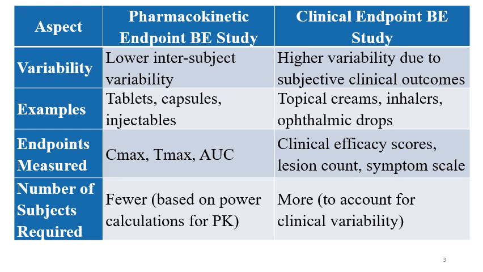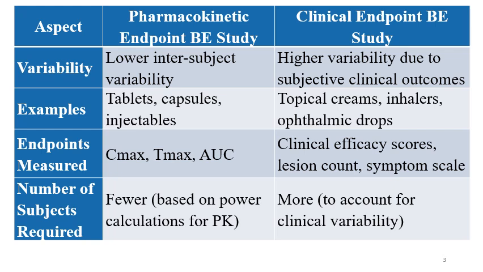Clinical endpoint studies are for topical creams, inhalers, ophthalmic drops. Endpoint measurement in the PK study is Cmax, Tmax, AUC. In clinical studies, the endpoint will be clinical efficacy scores, lesion count, symptom scale, and some other parameters.